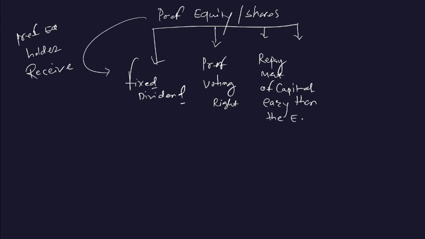This is an important one. Repayment of capital early than the equity capital, right? Fixed dividend, preferential voting right, repayment of capital early than the equity capital, and choice at maturity.